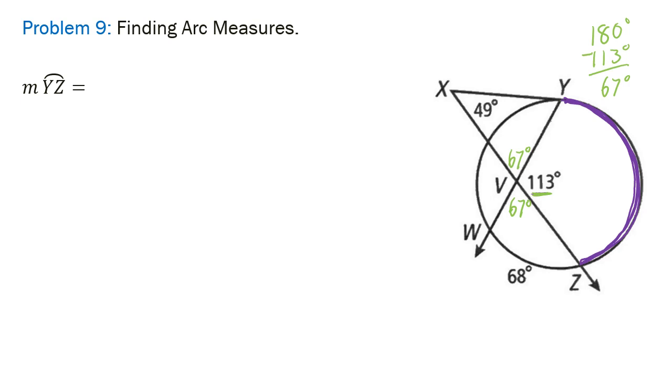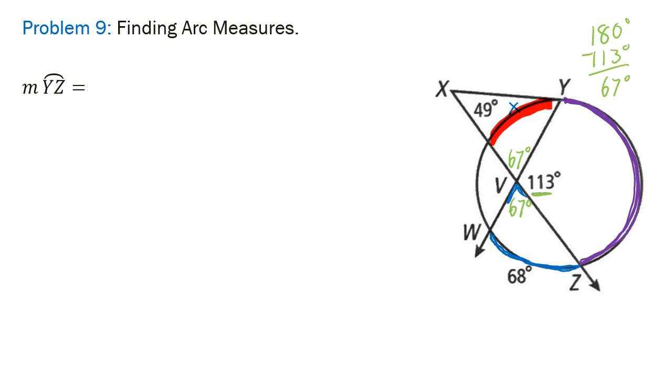Now, since I know this angle measurement here, and I know its arc right here is 68, I want to figure out this arc right here that I'm going to highlight in red. I want to find that next.